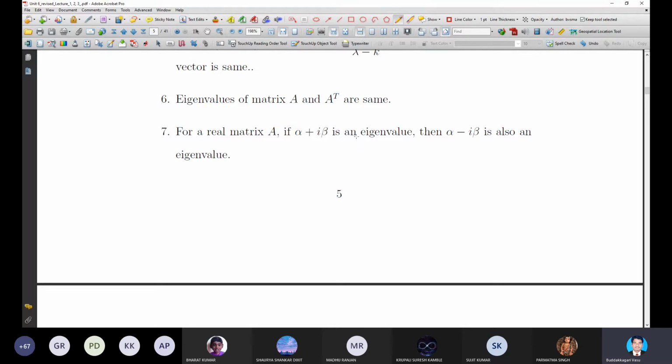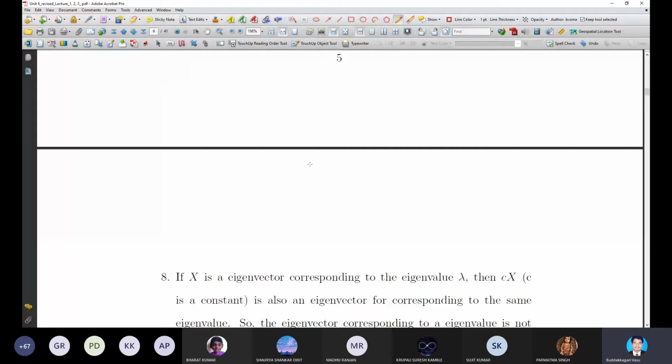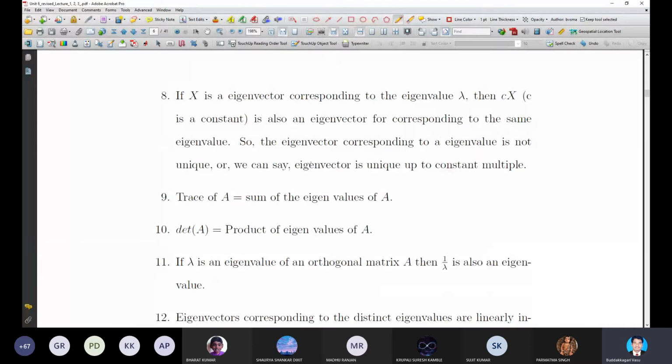If x is the eigenvector corresponding to the eigenvalue lambda, then Cx is also an eigenvector for the same eigenvalue. So the eigenvector corresponding to an eigenvalue is not unique; it is unique up to a constant multiple.